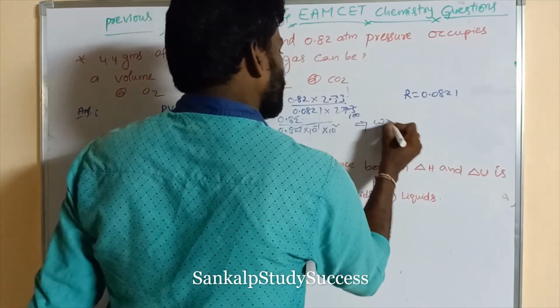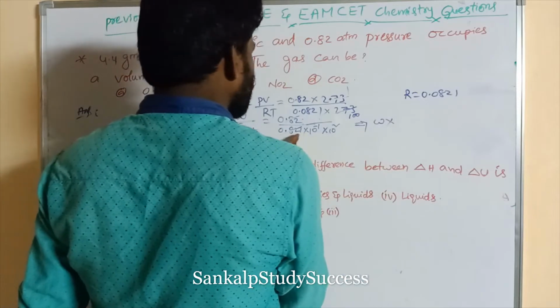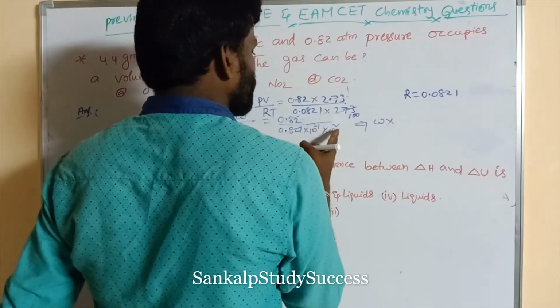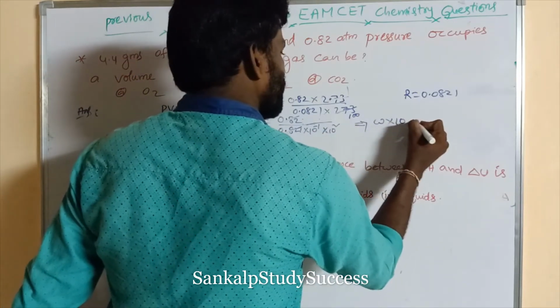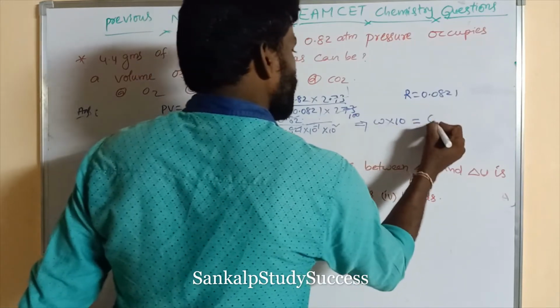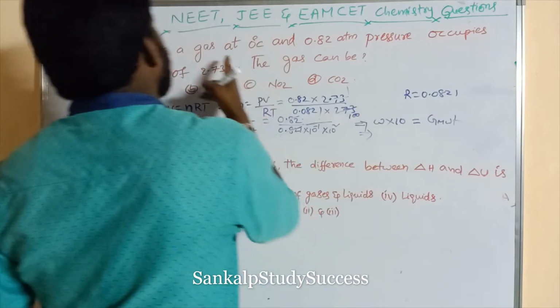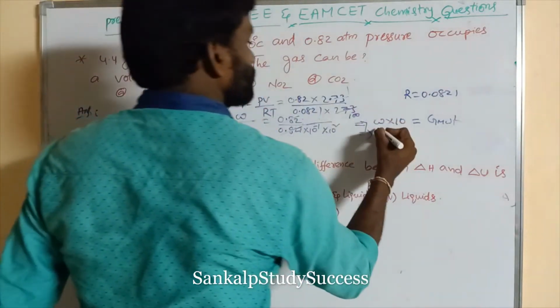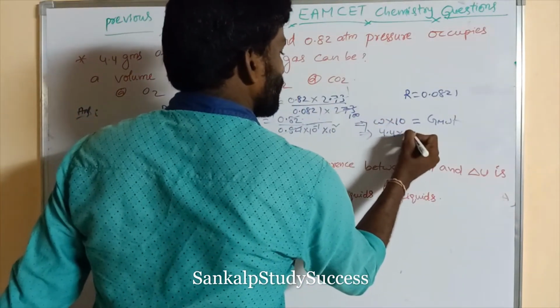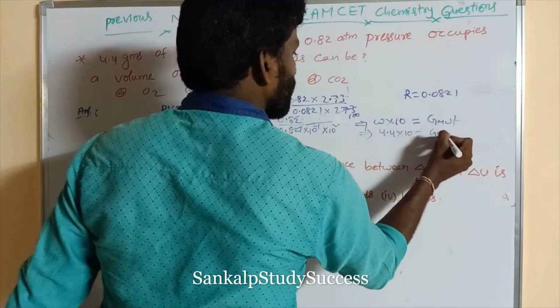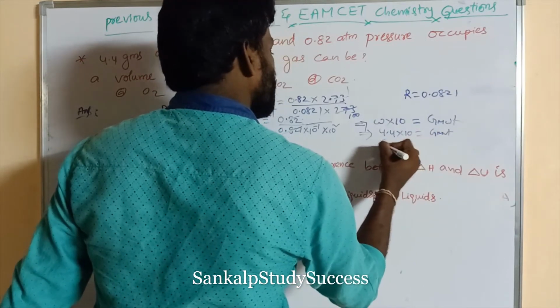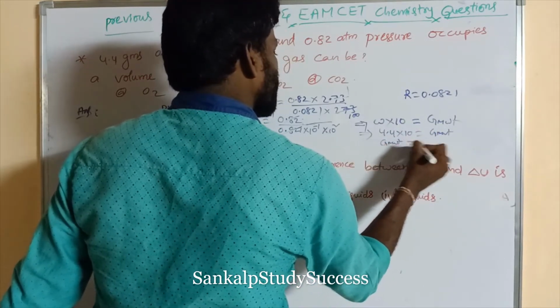So weight into 10 to the power minus 1 into 10 square into 10 is equal to gram molecular weight. Here the weight given is 4.4 grams. So 4.4 into 10 is equal to gram molecular weight. So gram molecular weight is equal to 44.